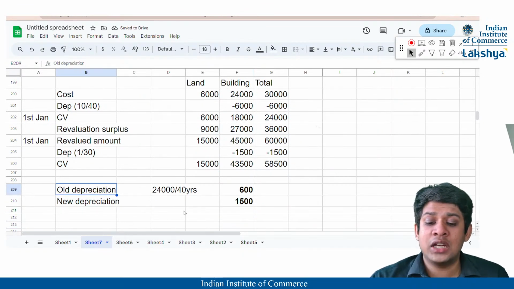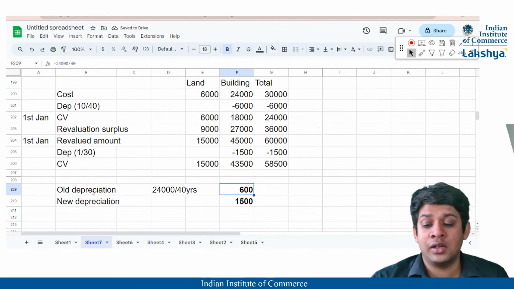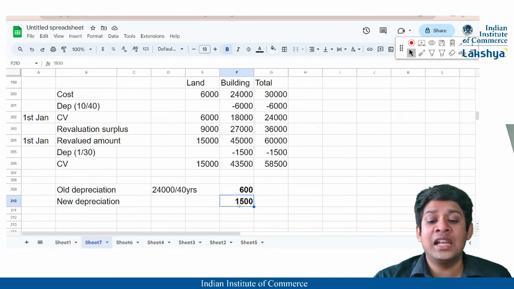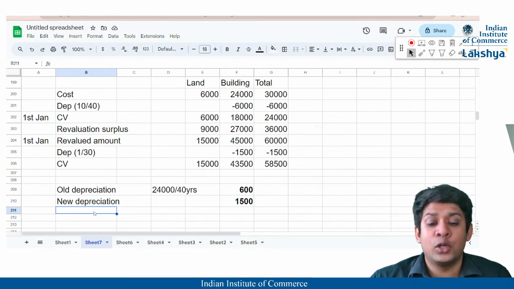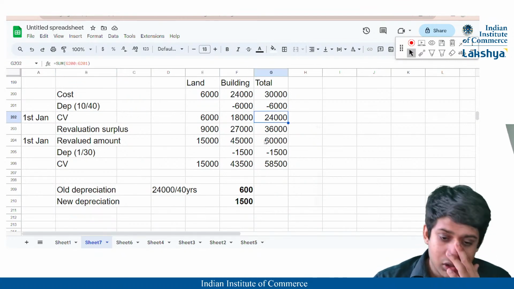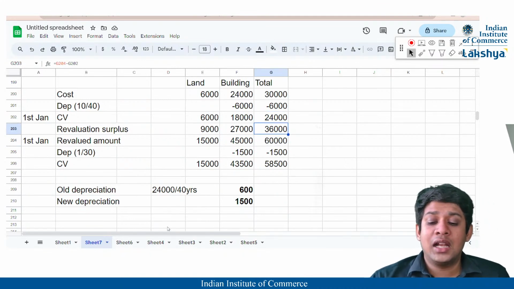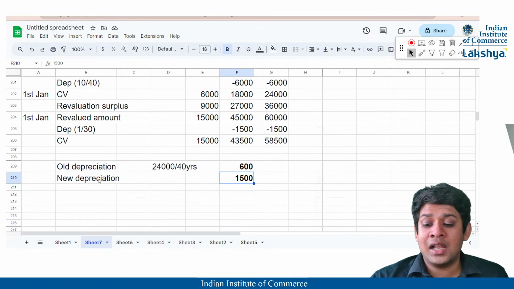So that means initially I was charging only depreciation of 600, but after the revaluation, my depreciation increased and it became 1500. And why did it increase? Because I revalued my asset, correct? I revalued my asset from 24,000 to 60,000, correct?